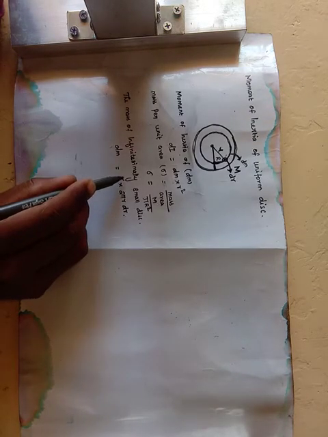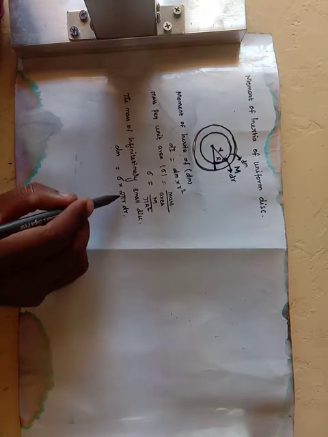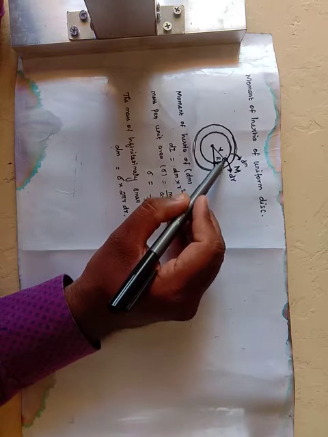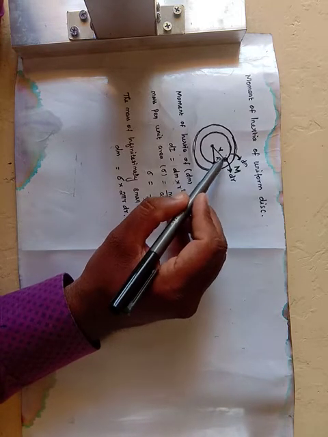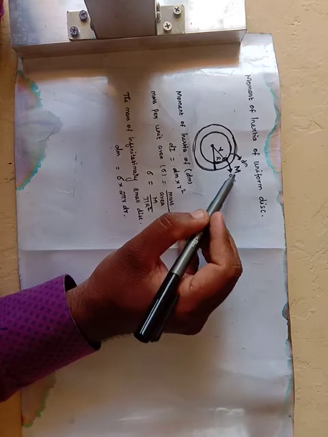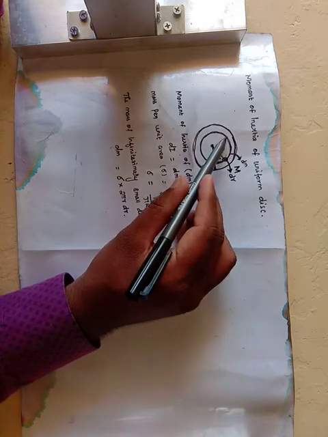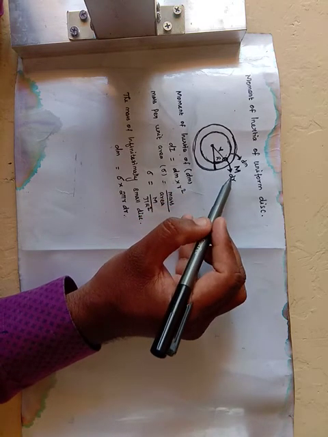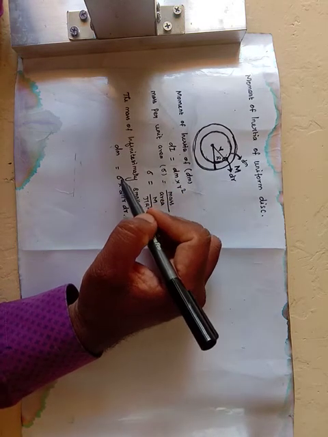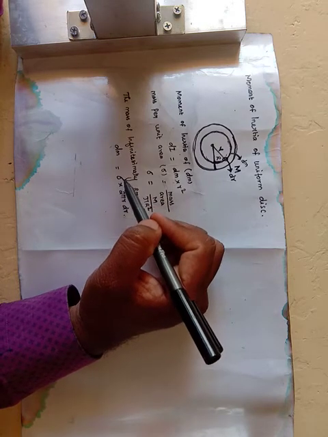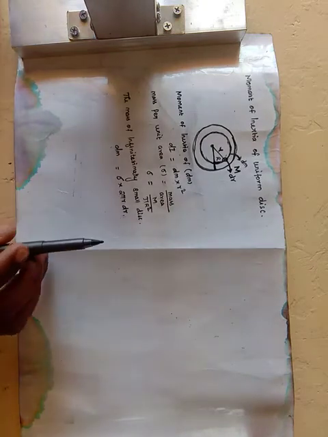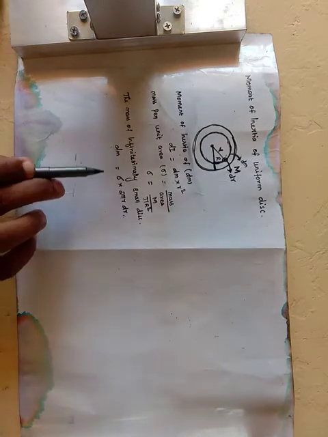Okay students, listen to me. This is the mass per unit area, and this is the area of the smaller ring, that is 2 pi r, and it has a thickness dr. The total area of the ring is given by 2 pi r into dr. Already you know the mass per unit area is sigma, so sigma into the area of the ring, 2 pi r into dr, gives the value of dm.